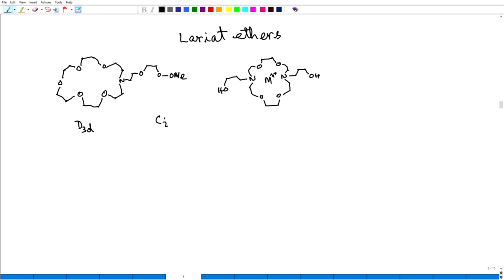I have drawn a couple here, and these Lariat ethers can be used to protect and for some other supramolecular catalysis, there are many things. As we go along we will understand.